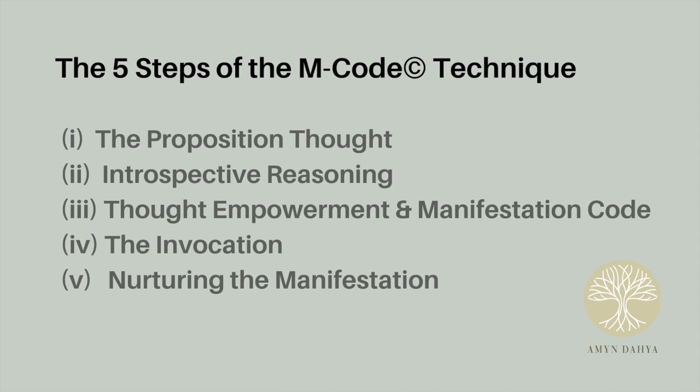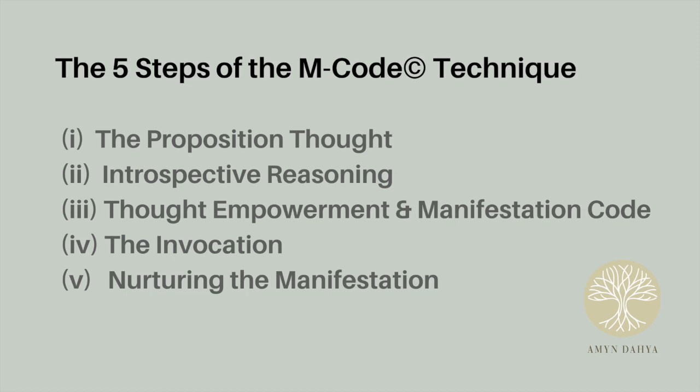Then step 4 is the invocation step, where we invoke our empowered proposition thought with its manifestation code into nature and the universe. So we now place it in the hands of nature or the universe, where it can germinate and cause manifestation of what we seek.